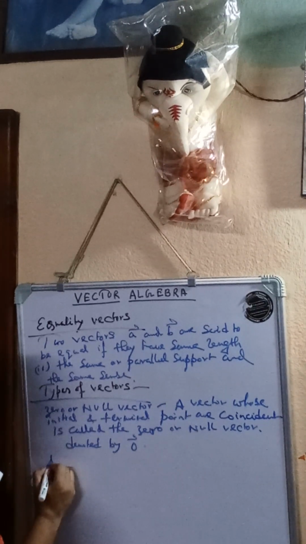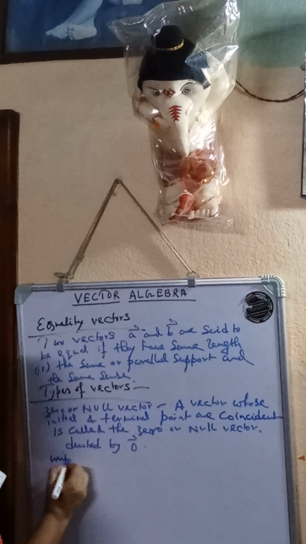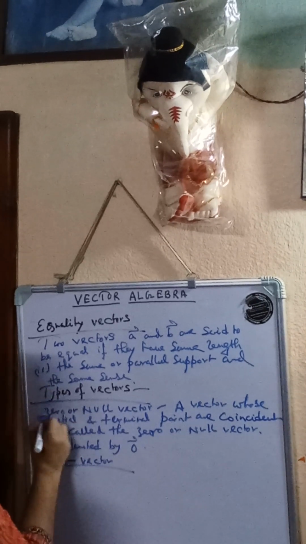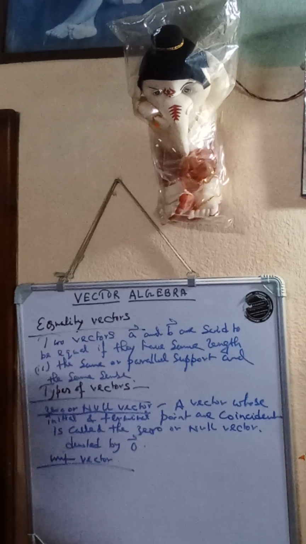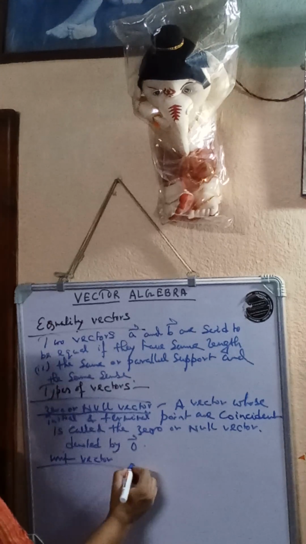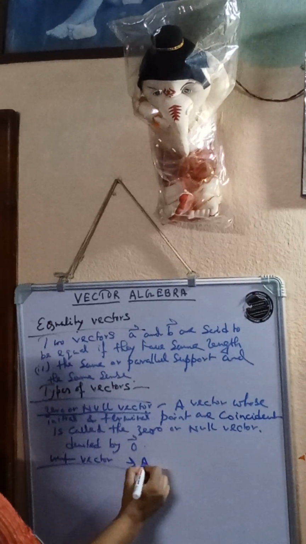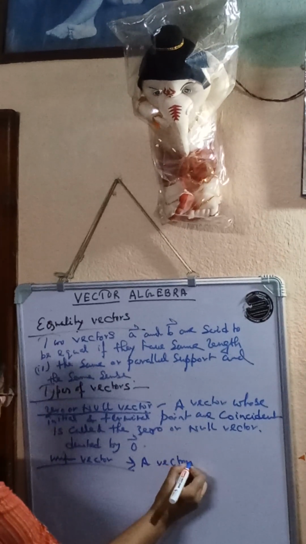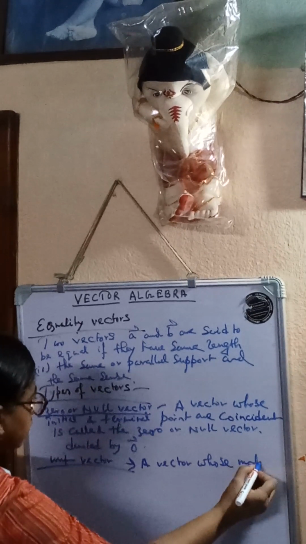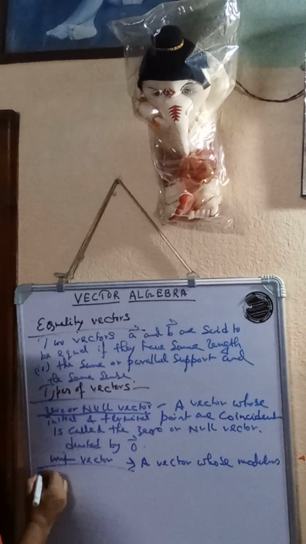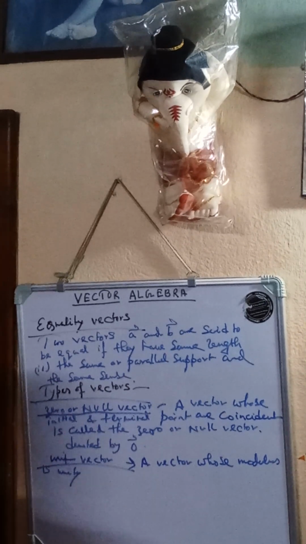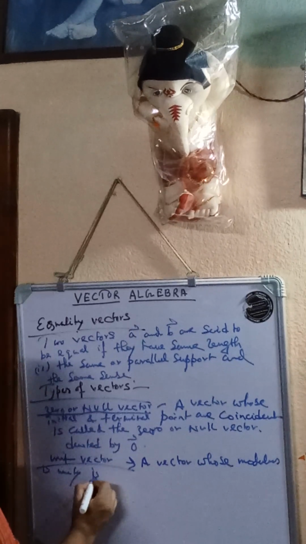Unit vector. A vector whose modulus is unity, modulus means length, unity means 1, is called a unit vector.